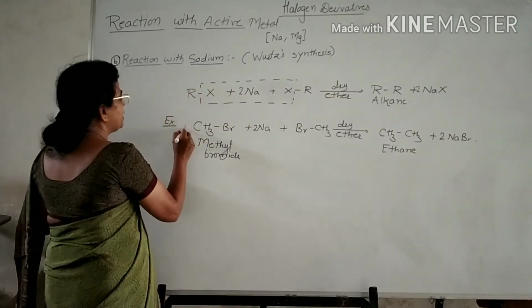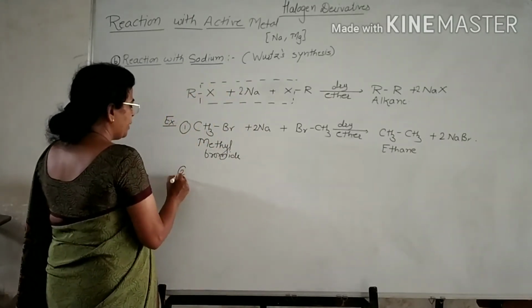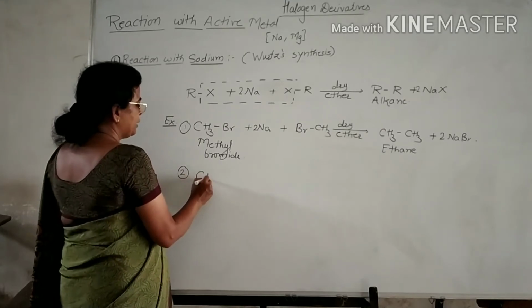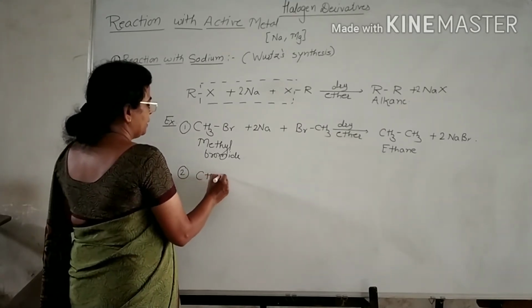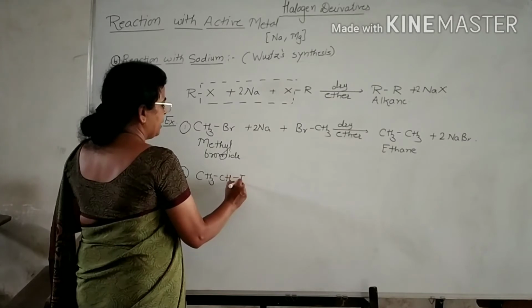Then, if we take a second example, preparation of butane, CH3CH2I, ethyl iodide.